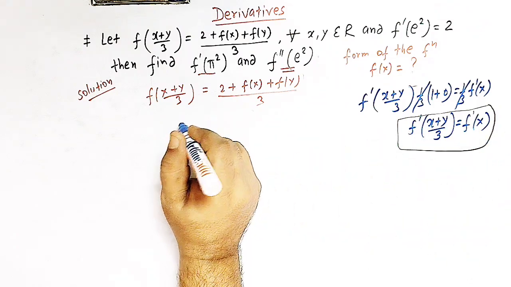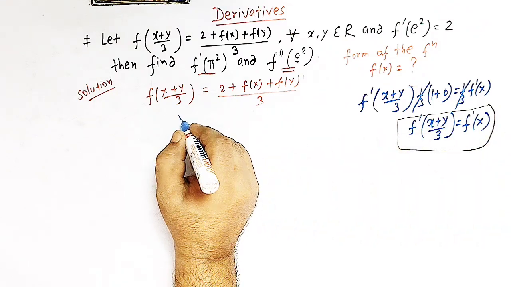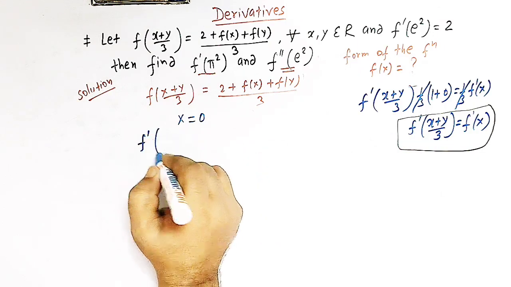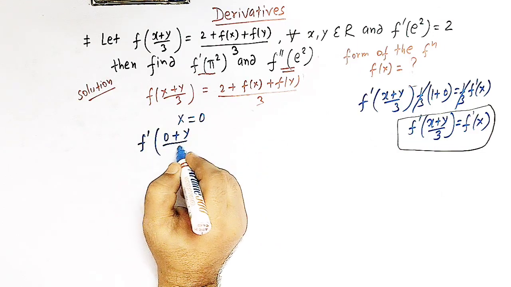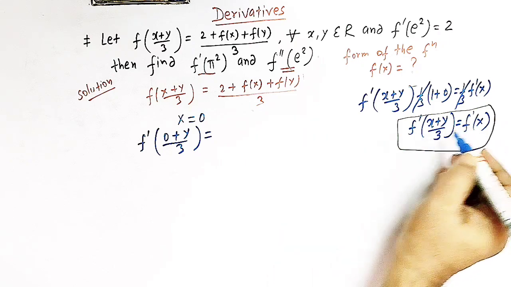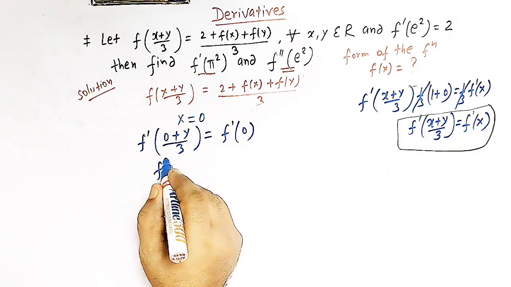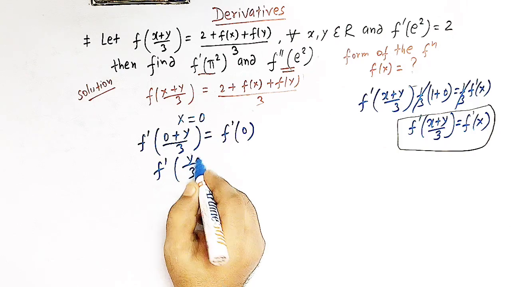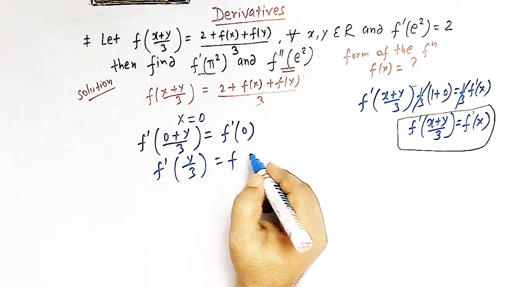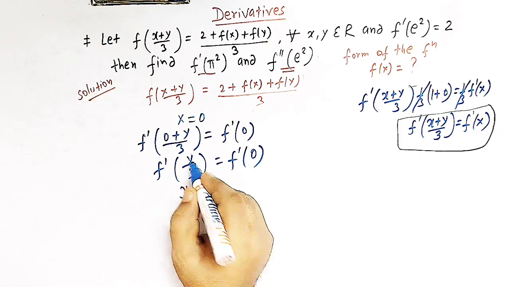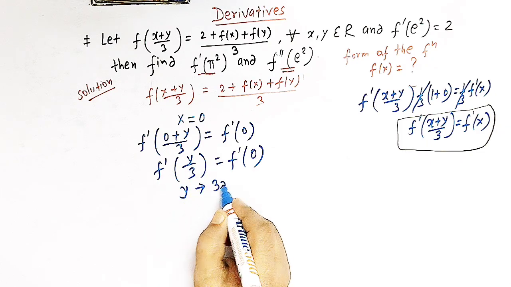So here what we will do, we'll replace x by 0. So we have now f prime of (0 plus y) over 3, and then we have f prime of 0. So this is f prime of y over 3, and here we have f prime of 0. Now let us replace this y by 3x.